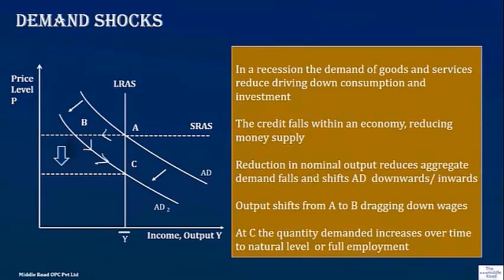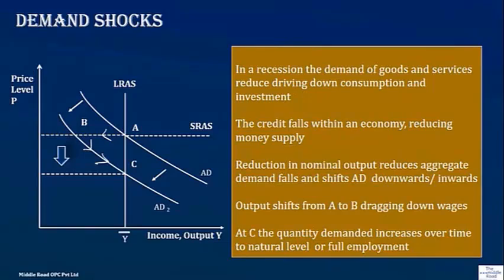Now, this is predominantly a recessionary period where the output would drop to point B and then it will go to point C. In this period of time, the firm would not be employing, it will not be investing, and as the price levels drop, it will drag down the wages, and ultimately it will come to the equilibrium with the natural growth, which is output at point C. So at point C, the quantity demanded increases over a period of time.